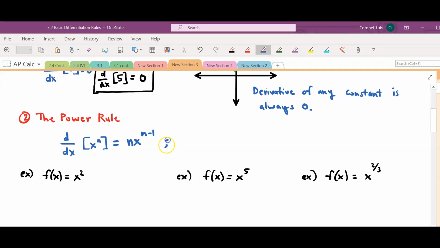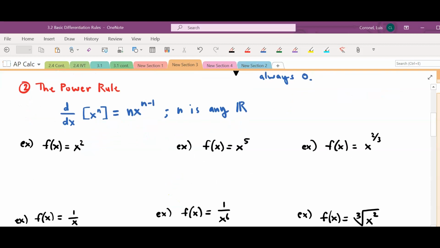Something that we should know here is that n is any real number. So don't think of n as another letter. Think of n as being a number. N for number. So for example, in the first example, you have x squared. We did that already earlier, where I showed you the limiting process.